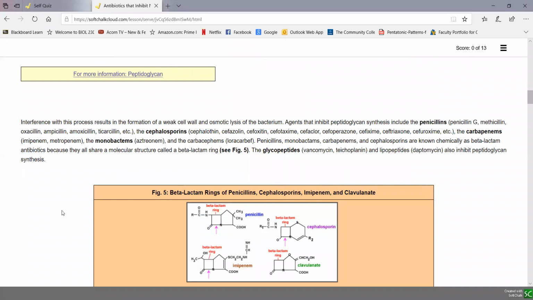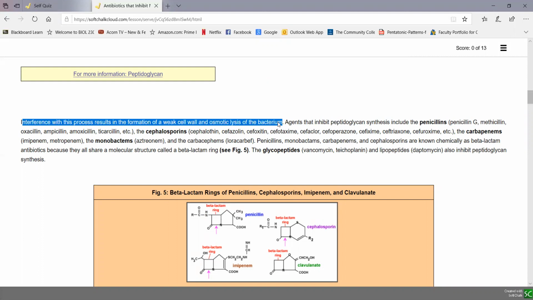But anyway, the idea here is that by interfering with forming a proper cell wall, a weak cell wall is created. And remember, the peptidoglycan is what prevents osmotic lysis of bacteria under their normal growth conditions.